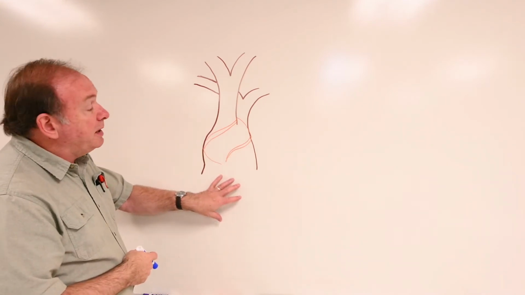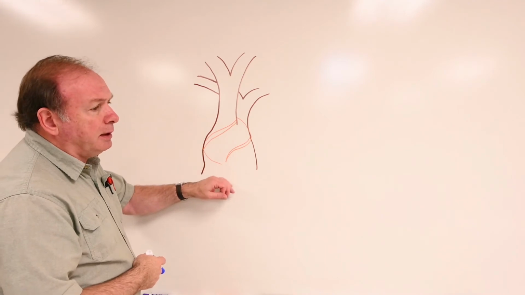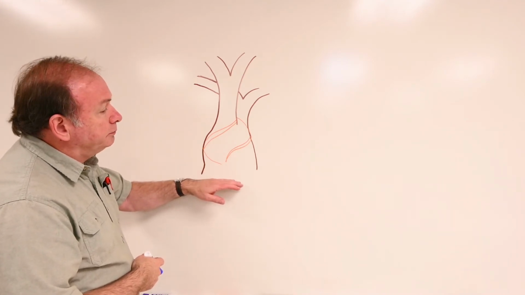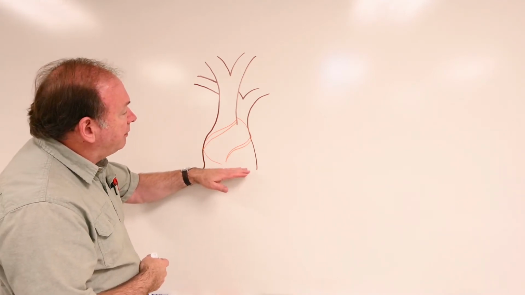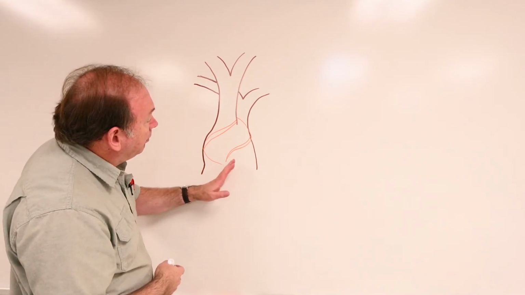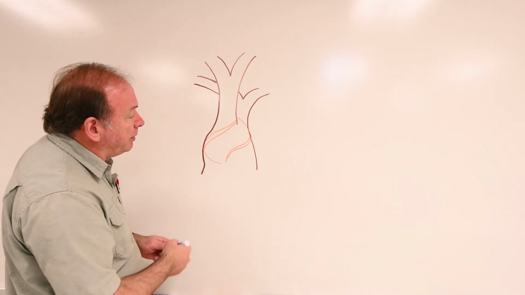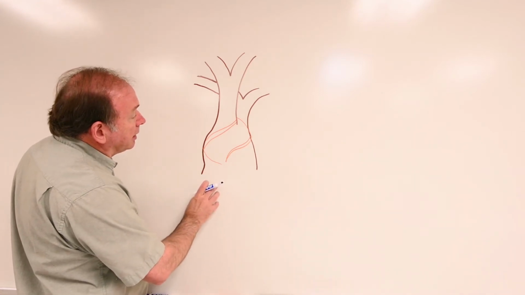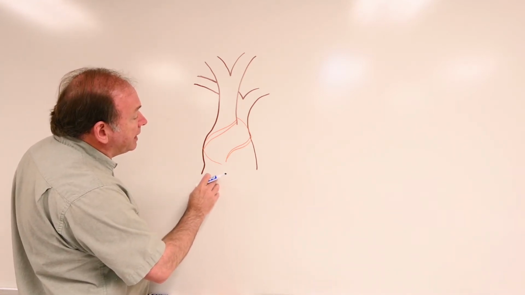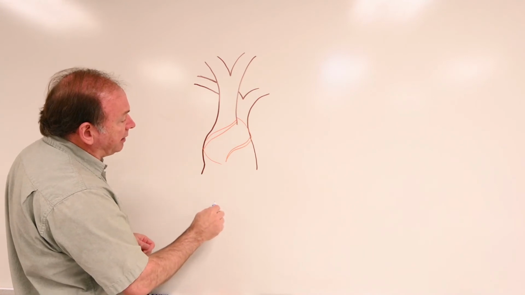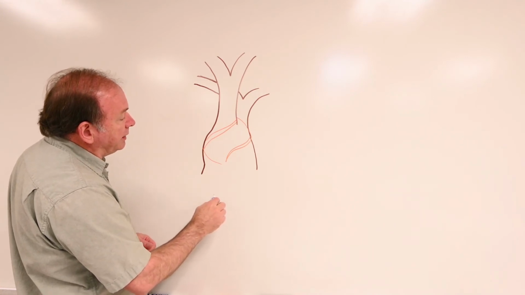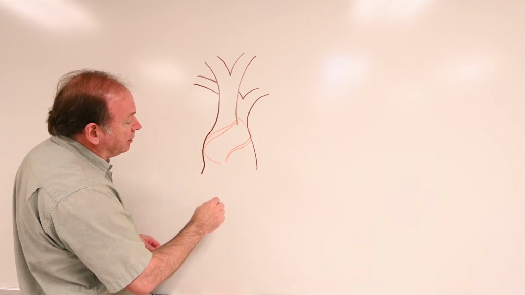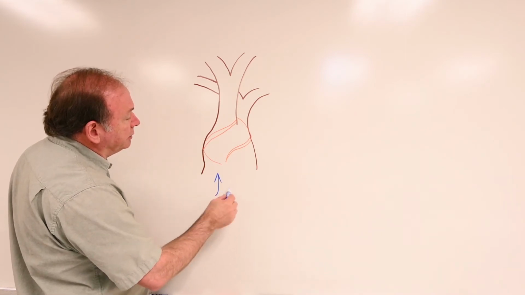Our ventricle would be down here below, and there would be a valve arrangement below that. But the deoxygenated blood coming up on this side of the heart, on the right side of the heart, is going to be shifted over. You just draw some arrows here.